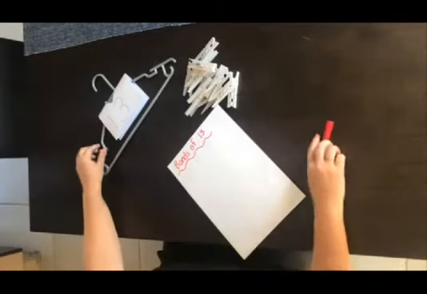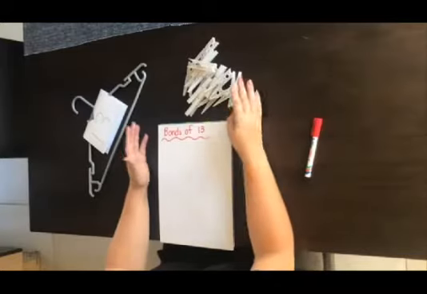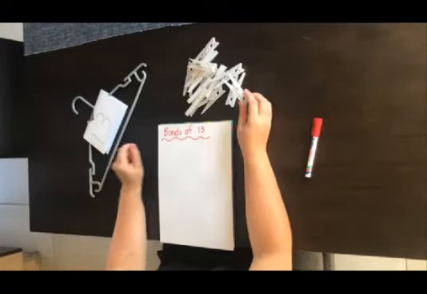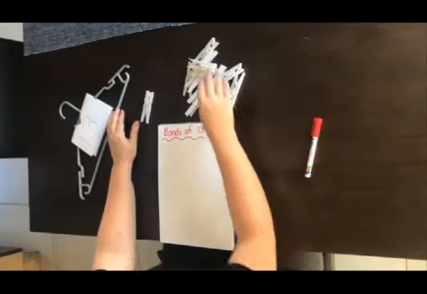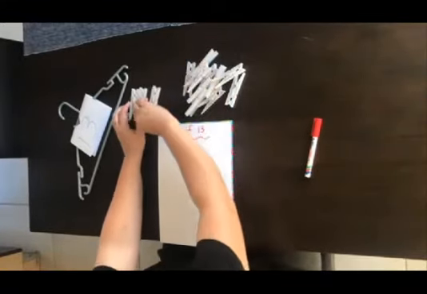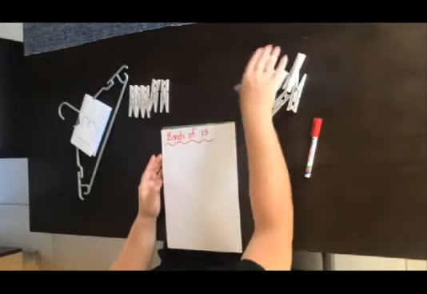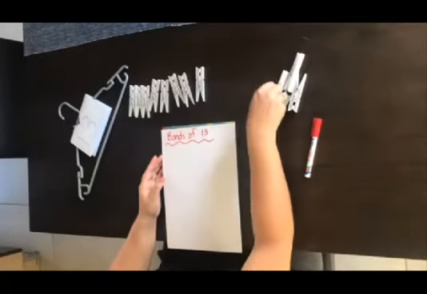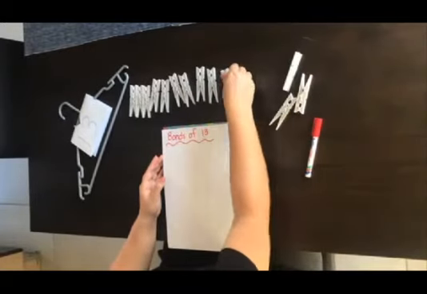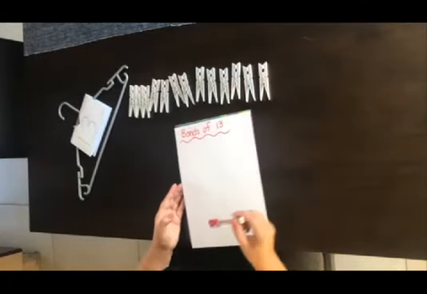Right. You need to first find 13 objects. So obviously you need to use the pegs because we're going to be using the hanger. So I'm going to count 13 pegs. 1, 2, 3, 4, 5, 6, 7, 8, 9, 10, 11, 12, 13.